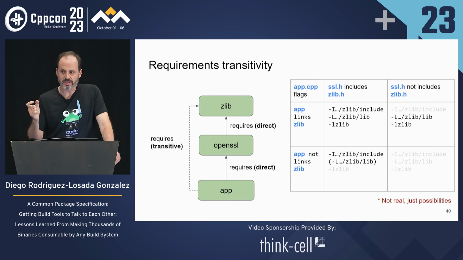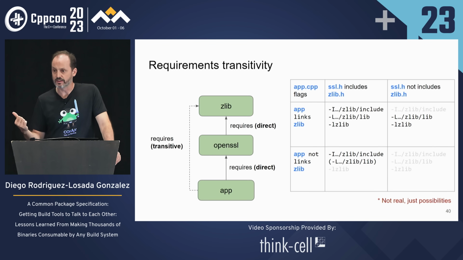Okay, let's take, for example, the headers. The zlib headers can be used by the public headers of OpenSSL. If this is the case, when we are building the application, we need the include directories of zlib in the final compilation. Otherwise, the build will fail, right?